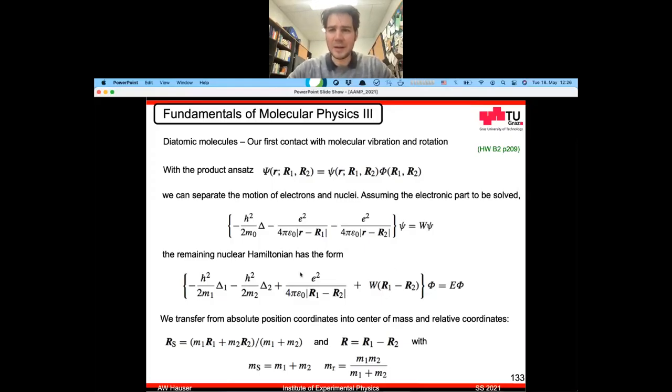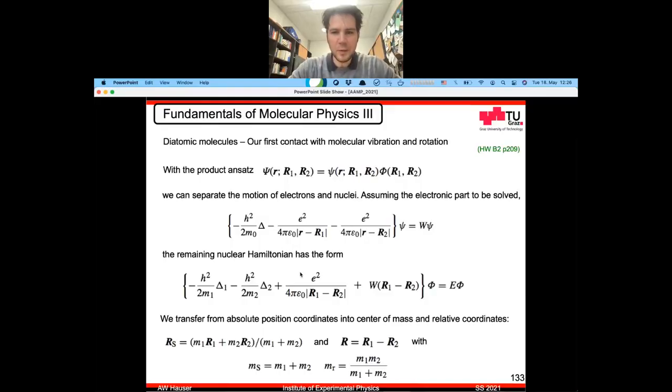and I'm already writing this here also in the argument of W as R, because the next thing we are doing is a transformation in terms of variables. We transform from our absolute position coordinates, where we had in our laboratory frame x, y, z coordinates for each particle in our system, into a coordinate system which consists of center of mass and relative coordinates.